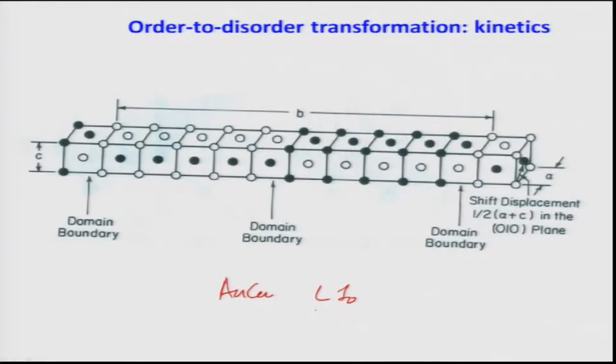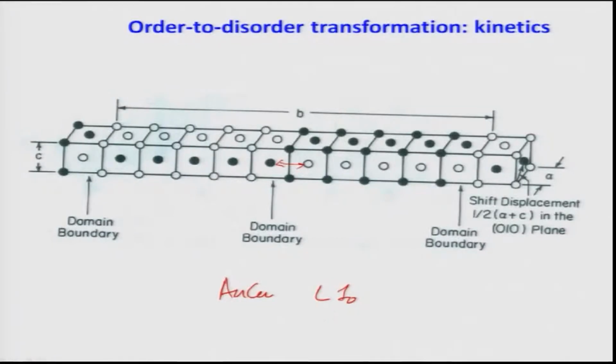Because here the unit cells which have joined, remember that this is the simple FCC unit cell, which is a disordered structure. Again there is an ordered structure, there is a reversal, and then there is again a reversal here. You can see there is a reversal here. This happens more frequently in the case of the AuCu structure, which is an L10 structure.